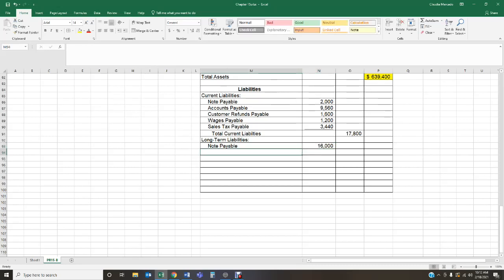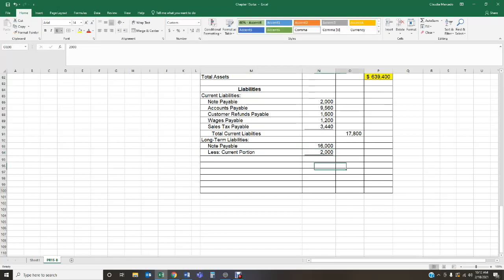But remember, out of those $16,000, I'm going to deduct the current portion. Remember, $2,000 of it was due this year. So I'm going to deduct $2,000. That is going to give me a long-term liability of 16,000 minus 2,000. That means I owe 14,000 in my long-term liabilities.